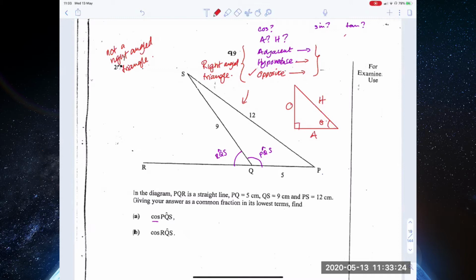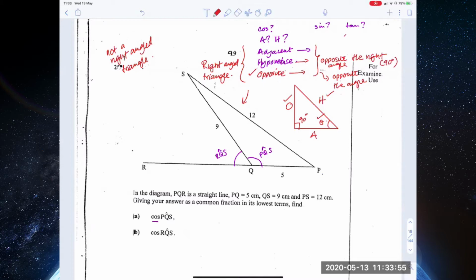So the hypotenuse is opposite the right angle, and the opposite side is opposite the angle. Which in this case, this is the angle, so that's the opposite side. This is the hypotenuse and it's opposite the right angle or the 90 degrees.